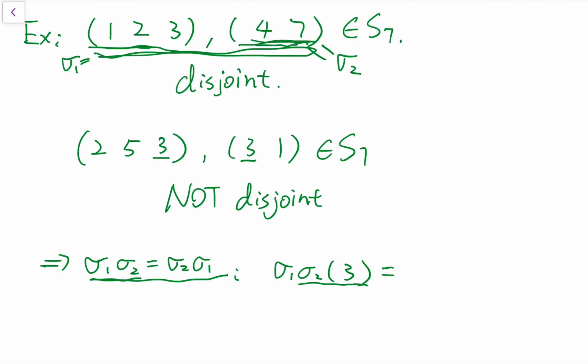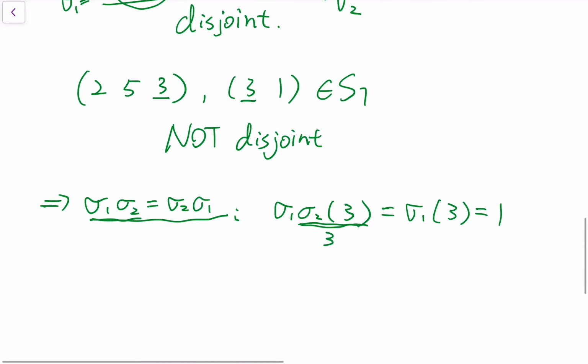Because we don't have 3 in this string, according to the definition of cycle, it fixes 3, so we get 3. Then sigma 1 applied to 3: because 3 is the last integer, we go back to the first one, so we get 1.